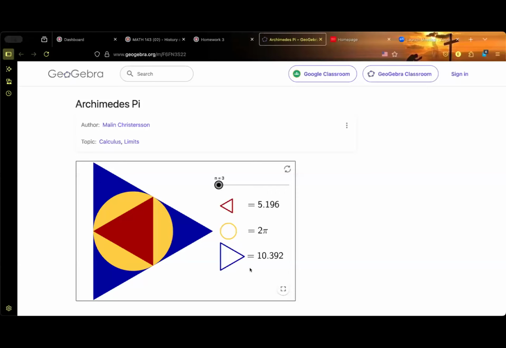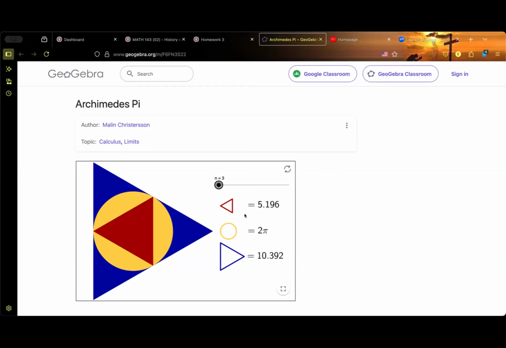So here, I believe everybody can see this right here. This was also an exploration that we did as part of our homework. If everyone wants to reference back, it's homework 3, working with these different n values.